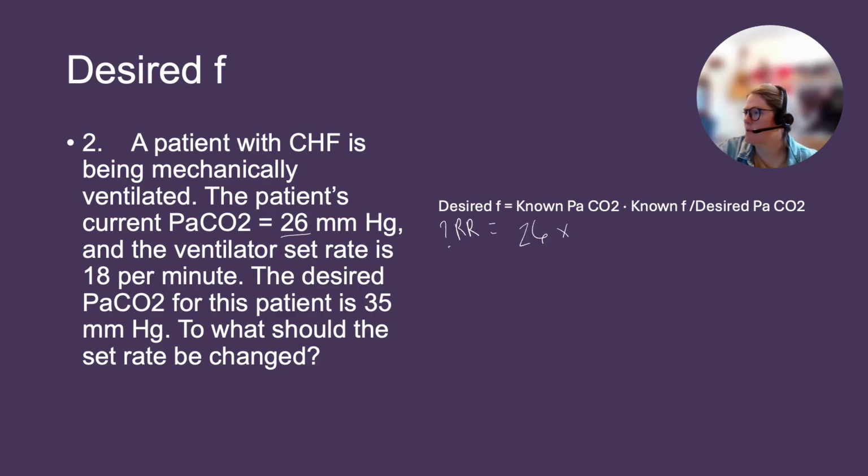Our known respiratory rate is 18, and our desired CO2 is 35. So 26 times 18, 468 divided by 35.